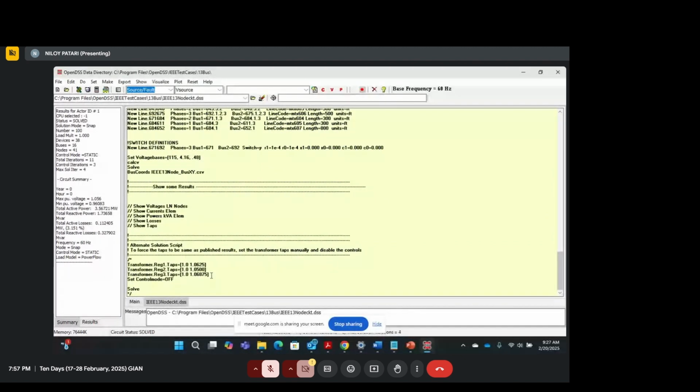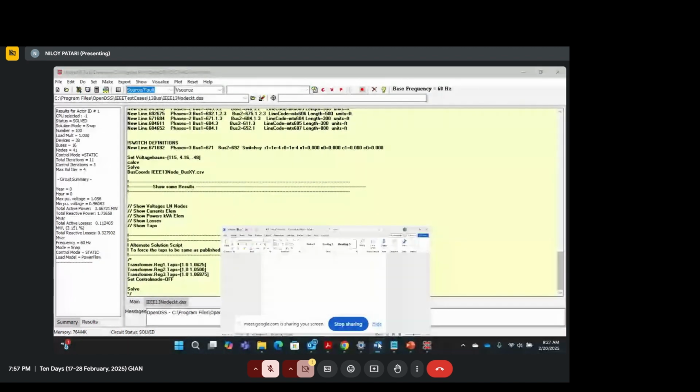Because these are voltage controllers. This regulator is a device which boosts up or boosts down the voltage, so it controls voltage throughout the feeder. If the taps are not similar, then you won't get the same amount of voltage throughout the feeder, right? But if the taps are similar and you have the same capacitors on in both the models, then your models should match, right?